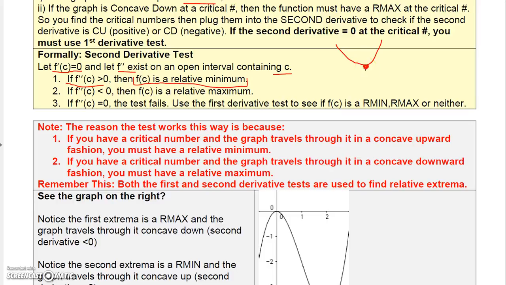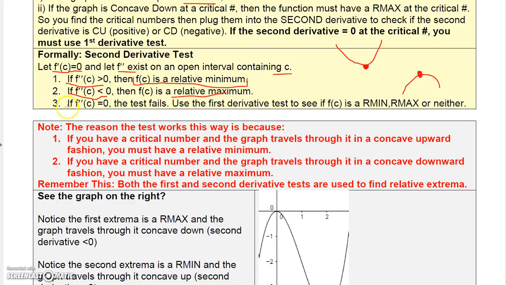You can't have a maximum, you have to have a minimum. Okay, now if the second derivative is negative at the critical number, then you've got a maximum. So again, if the second derivative is negative, that means you're concave down. Well, if you're going through that value concave down, that means you've got to have a maximum.